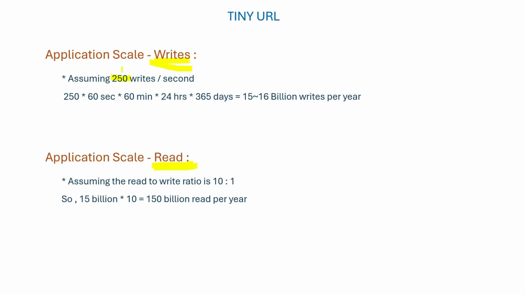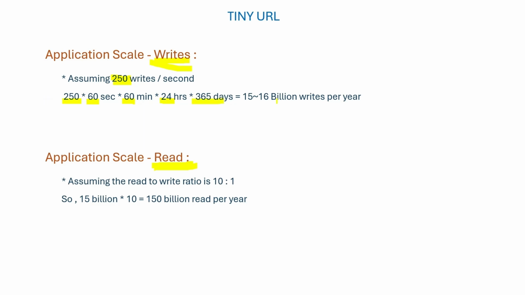Assuming at any given point in time, per second, we have 250 unique users trying to create short URLs using our system, then every second 250 URLs will be generated, multiplied by 60 seconds for every minute, 60 minutes for every hour, 24 hours per day and 365 days.